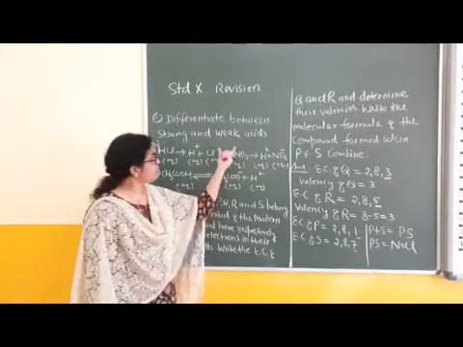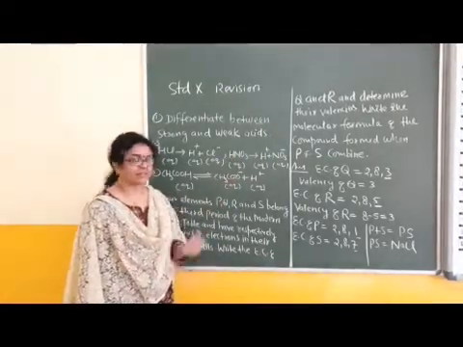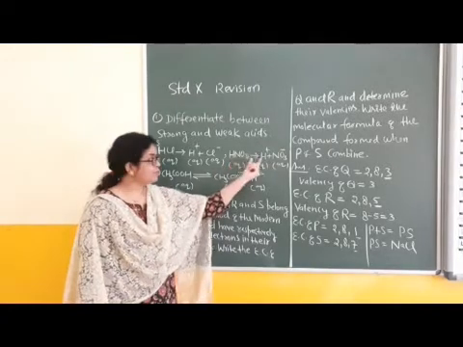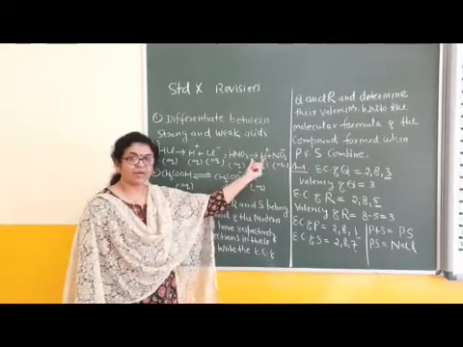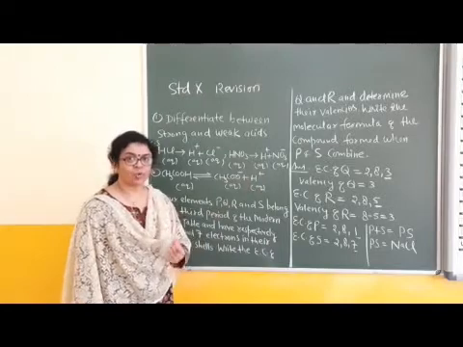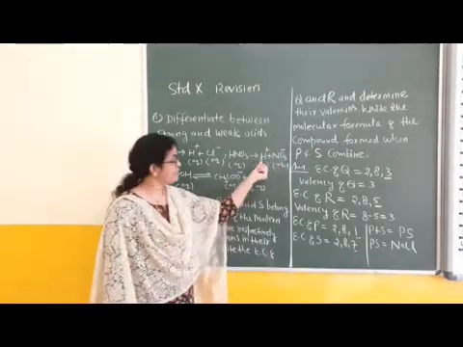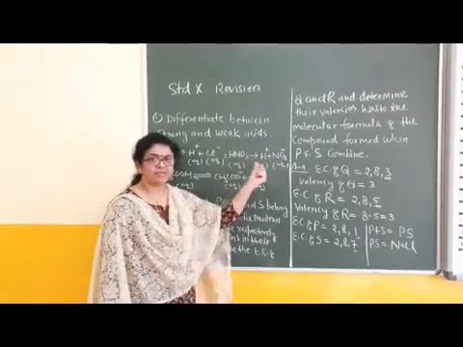One more example of a strong acid, nitric acid. In aqueous medium, nitric acid completely dissociates into hydrogen ion or hydronium, that is H3O plus ion, and the negative part is nitrate ions. Same notation for complete dissociation.